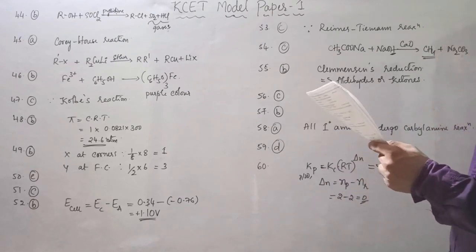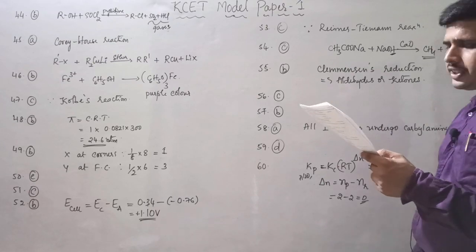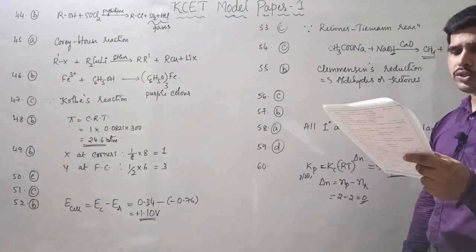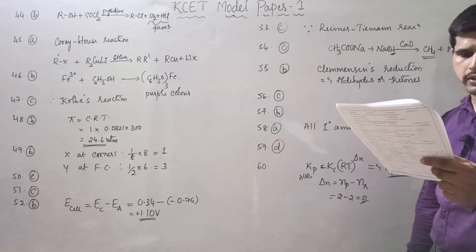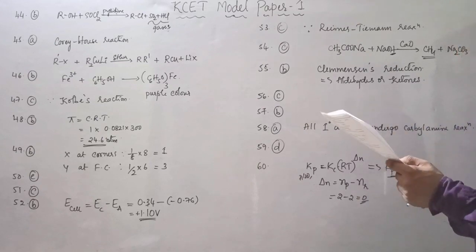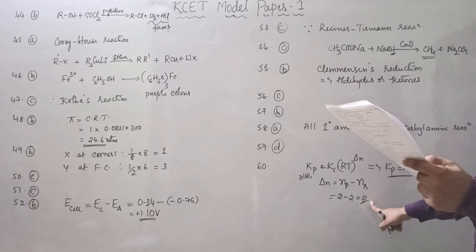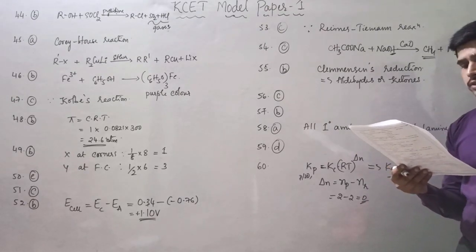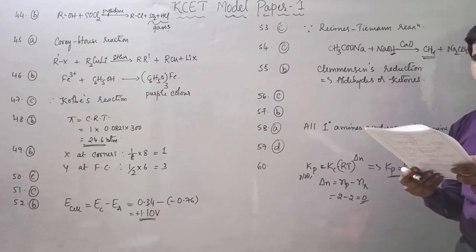So the answer is the same. The value of Kc at 800 degrees is 0.1 they have given, when the equilibrium concentration of both the reactants is 0.5. What is the value of Kp at the same temperature?